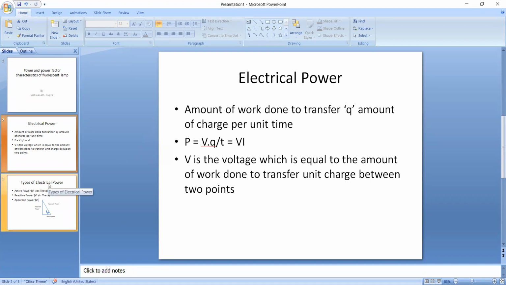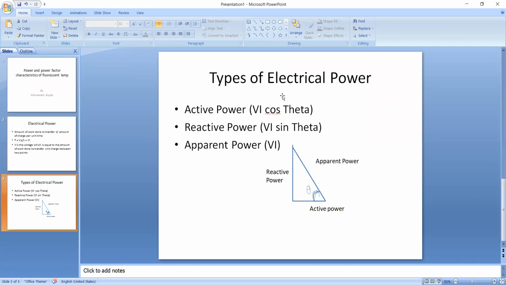Now there are three types of electrical power, as you have done in your class 11 and 12: active power, reactive power, and apparent power. This is a power triangle in which the hypotenuse is the apparent power, the base is the active power, and the perpendicular is the reactive power. Now what are active power, reactive power, and apparent power?